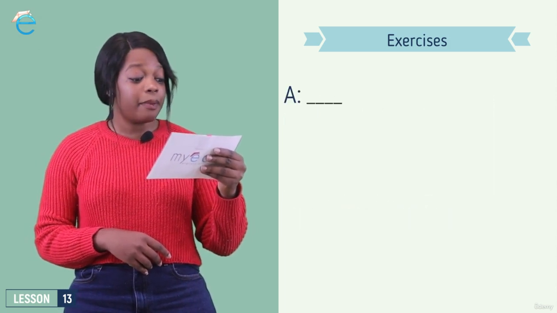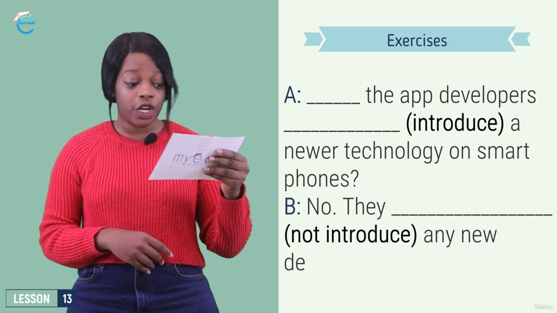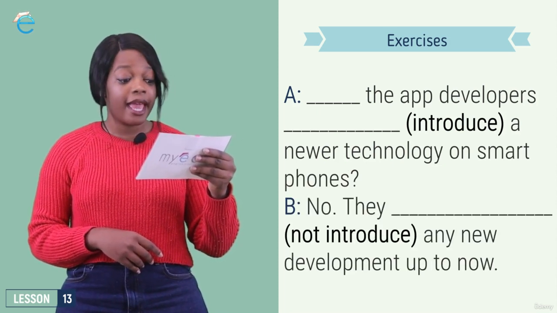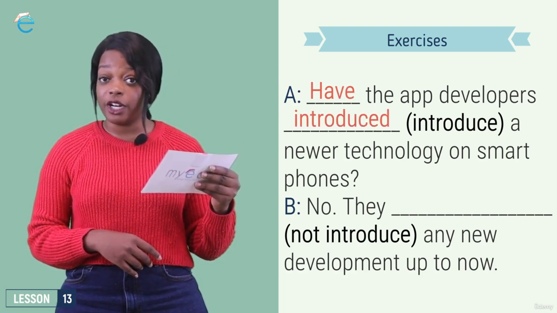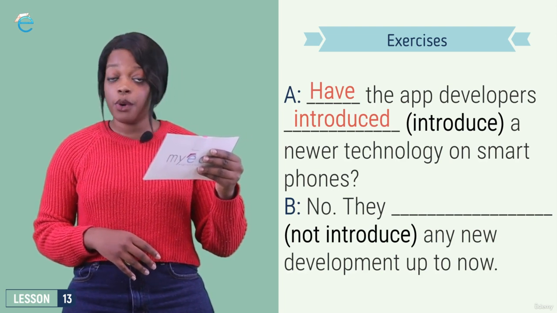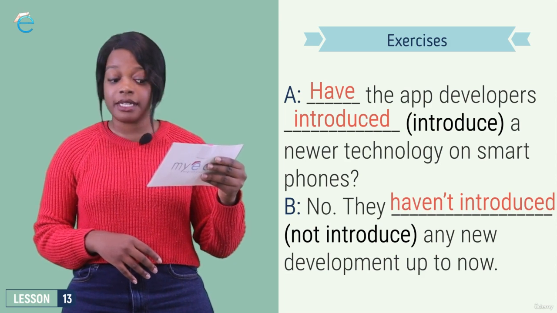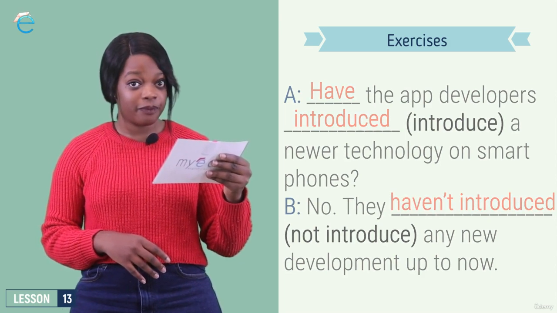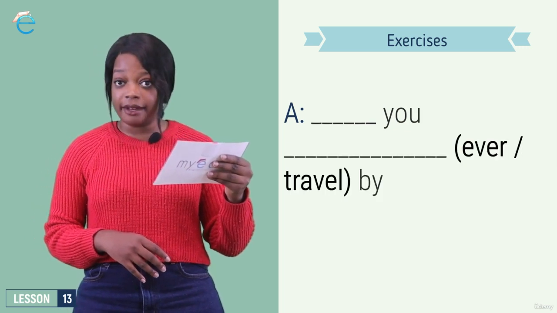8. Blank the app developers blank a newer technology on smartphones. Have the app developers introduced a newer technology on smartphones? Answer: no, they haven't introduced any new development up to now. Number 9, blank you blank by plane.